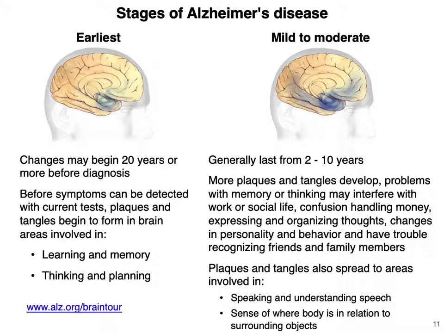Does anybody know? Does anybody take any neurobiology or know anything more about Alzheimer's? You could probably look it up. I think it'd be really interesting to know. But the point here is that it does have a very specific place of origin where the earliest signs are seen, and then it spreads from there.